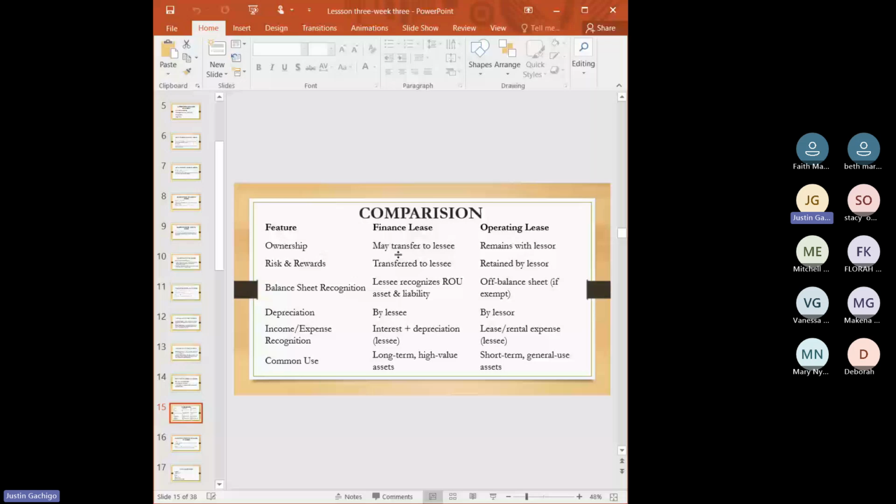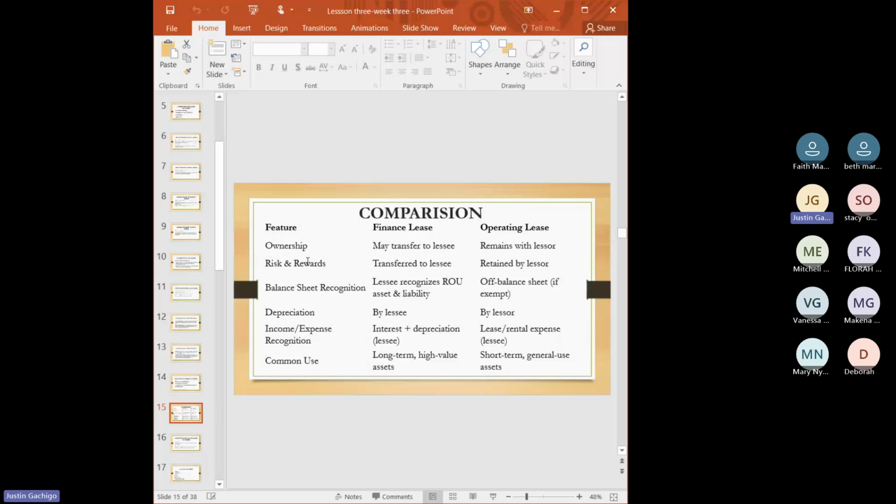We have talked about the ownership. For finance lease, there is that option to transfer the ownership to the lessee, while for the operating lease, we have said this remains with the lessor, that is the owner of the property. The lease rewards: we have said finance lease does the transfer, but for the operating lease, there is no transfer of lease rewards.